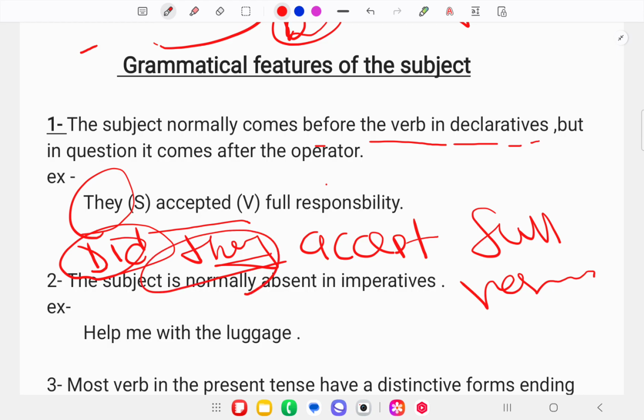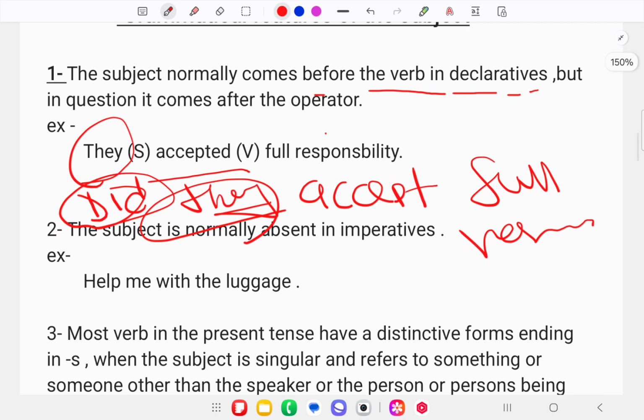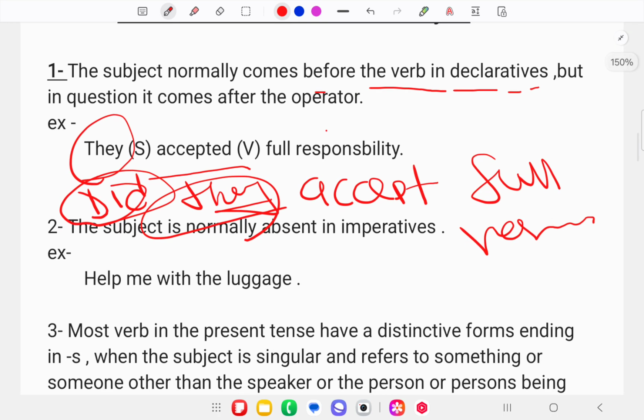Okay. Next we have another step to identify the grammatical features of the subject, that the subject is normally absent in the imperative. That is what we have already discussed, that a subject is absent in an imperative. The subject is present but in the abstract form. Abstract form means we cannot see the subject, we can only feel that there is a subject.